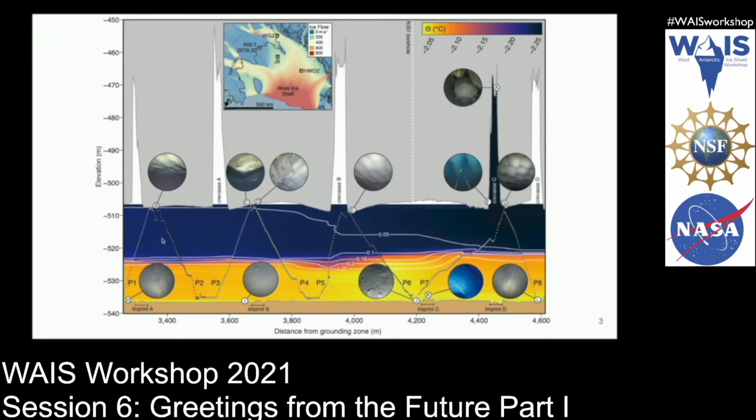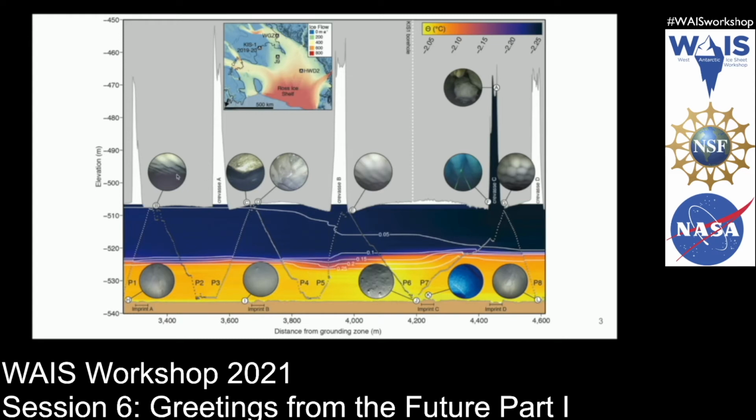What you see is a 2-layer water column here, which is really interesting. The top is very close to the freezing point, and the lower layer is still quite cold. It's only up to about 0.25 degrees above freezing, and then there's this really nice thermocline separating the two.